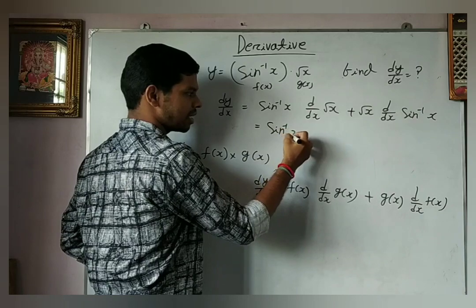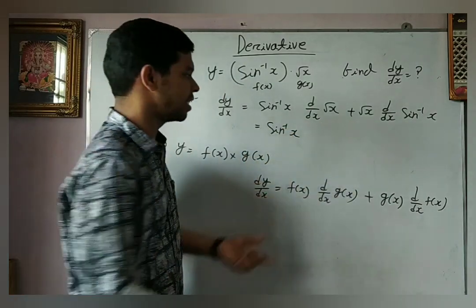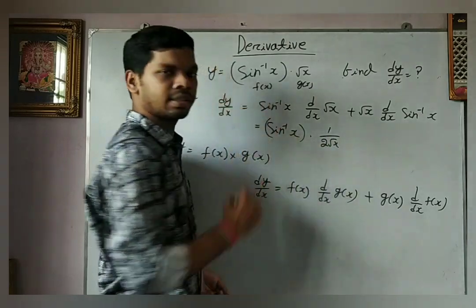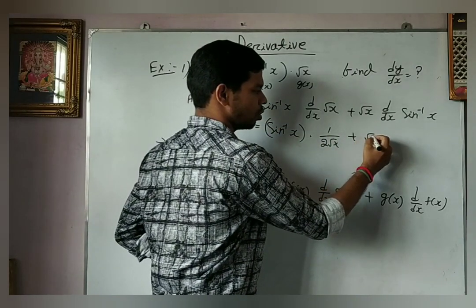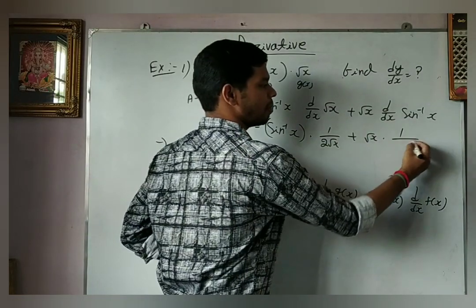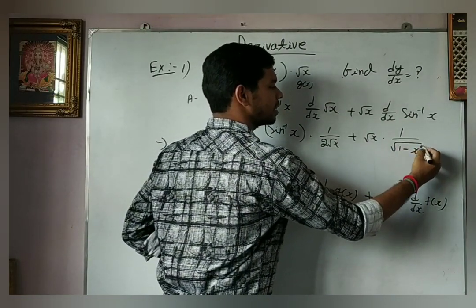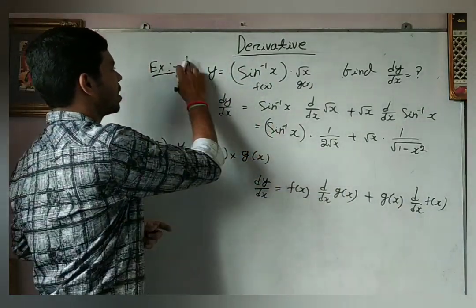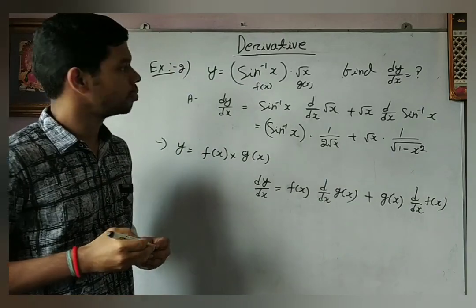This is sin inverse x, and derivative of root x is 1 by 2 root x plus root x times derivative of sin inverse x, 1 by root over 1 minus x square. This is the answer of example number 2.